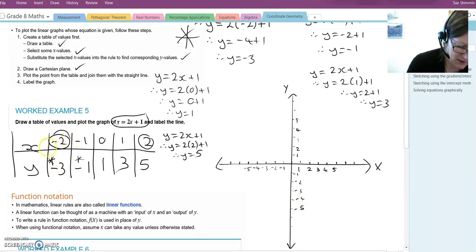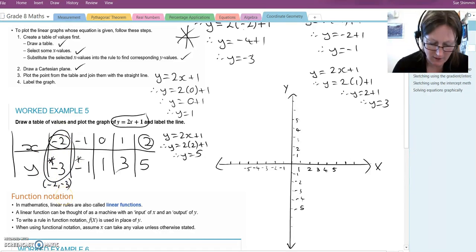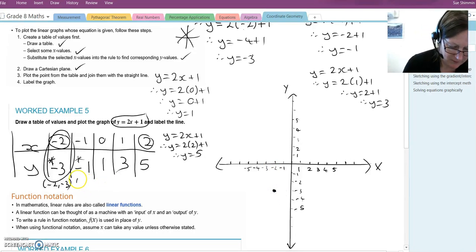So this point here, x is -2, y is -3. Remember, x comes first in the bracket. So I go across to where x is -2, I go down to where y is -3. This point here is -1, -1. So I go across to -1, down to -1. The next point is 0, 1.